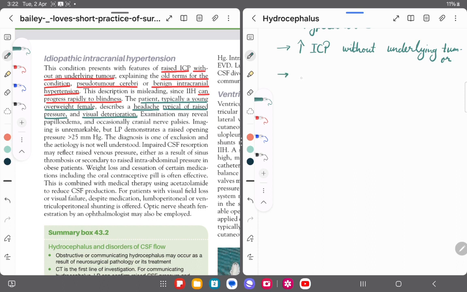The old terms for the condition are pseudotumor cerebri or benign intracranial hypertension. And an important point is that it can progress rapidly to blindness.